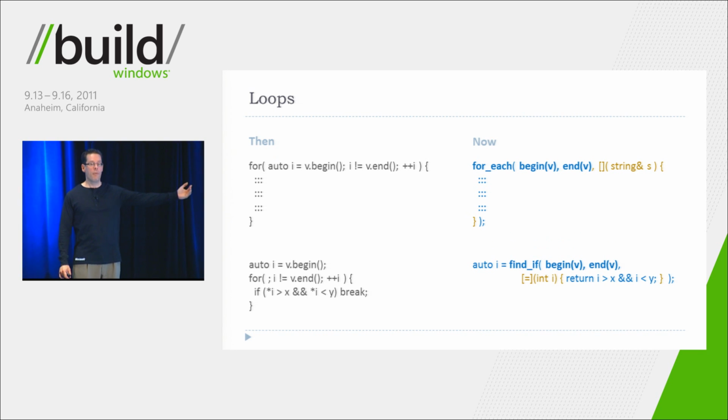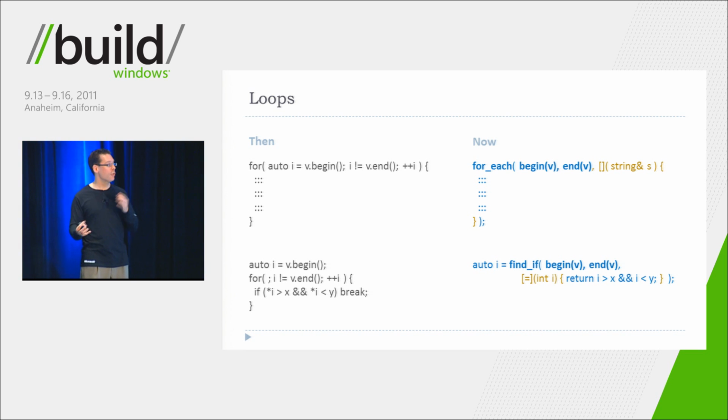You look up to the for, and you don't know more than that there's a loop. Whereas on the right-hand side with for_each, you know exactly what's going to happen. And you can still write exactly the same loop body in the lambda. Exactly the same code, because lambdas can be arbitrarily sized. So you can pass the loop body to the algorithm, which is a very powerful thing to be able to do.